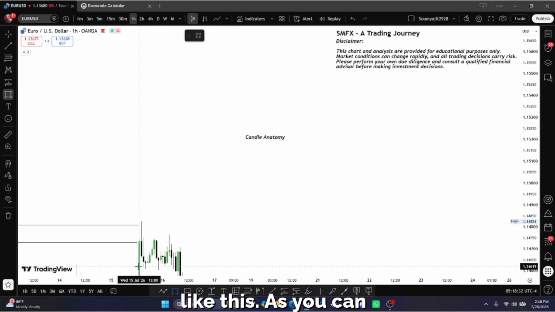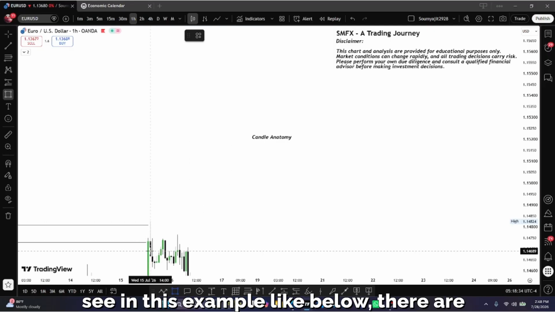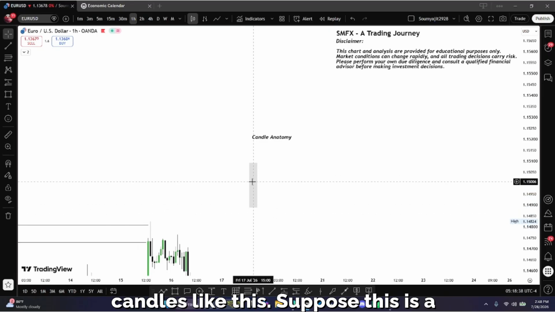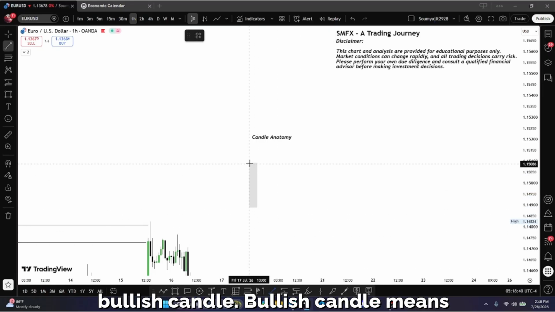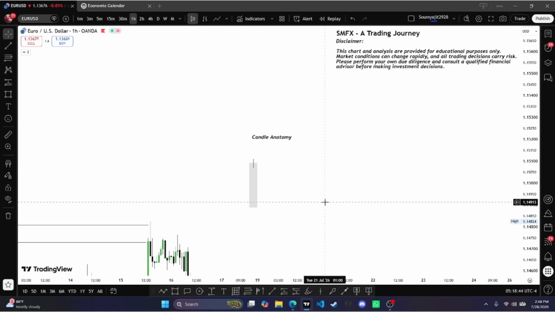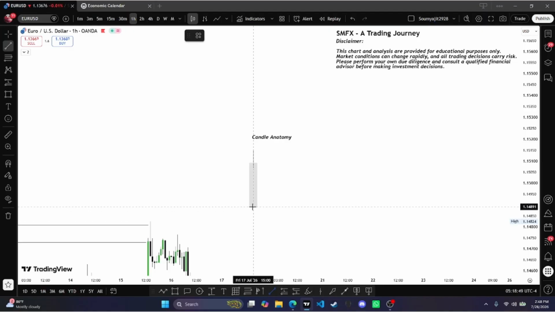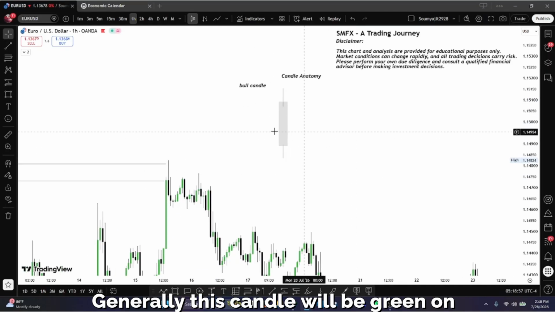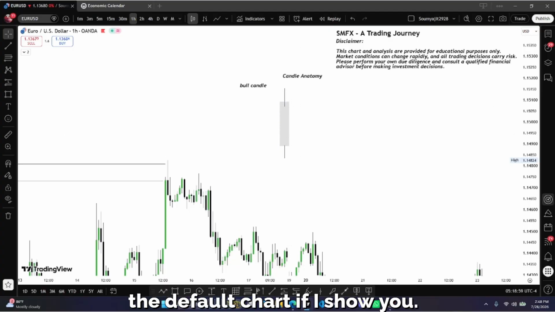As you can see in this example below, there are candles like this. Suppose this is a bullish candle. Generally, this candle will be green on the default chart.